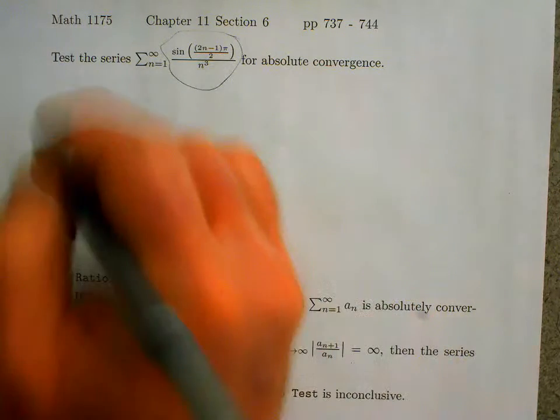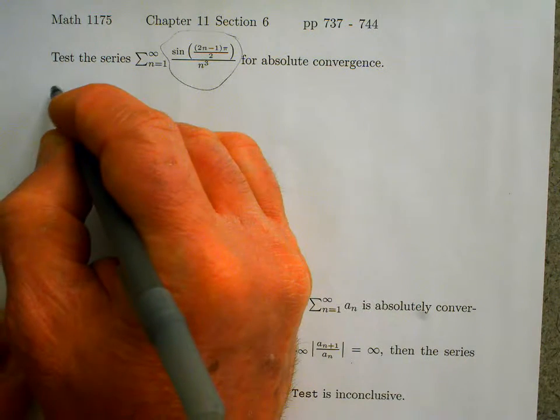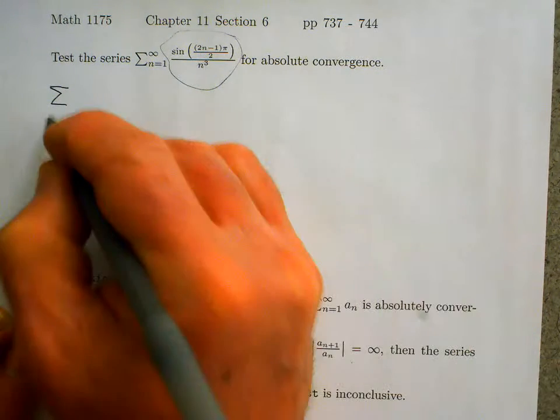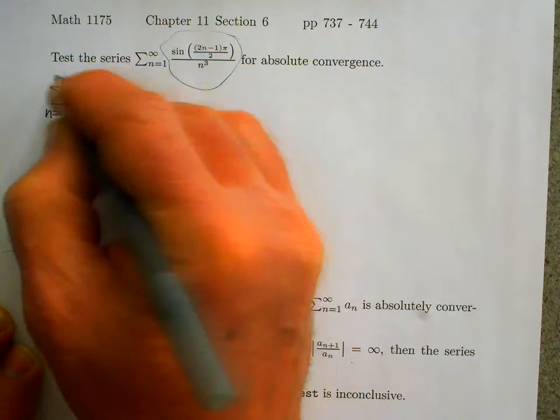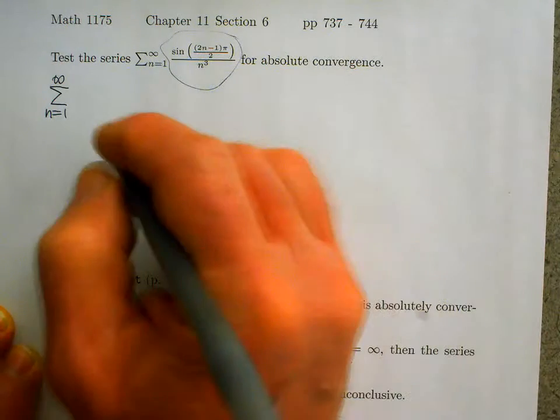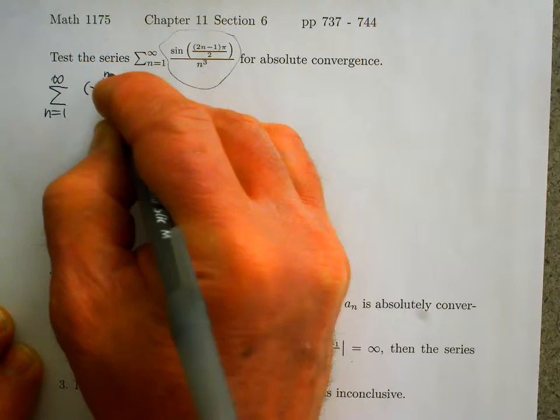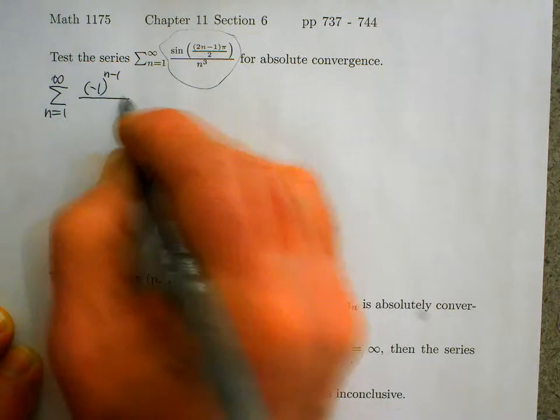The terms are alternating between positive and negative. So from n equals 1 to infinity, in the numerator, we can write negative 1 to the n minus 1 over n to the third.